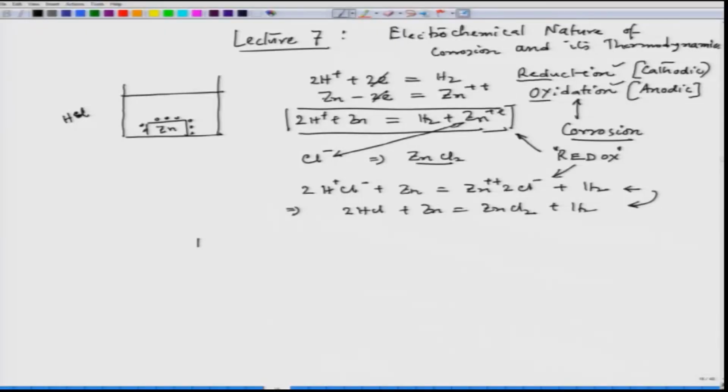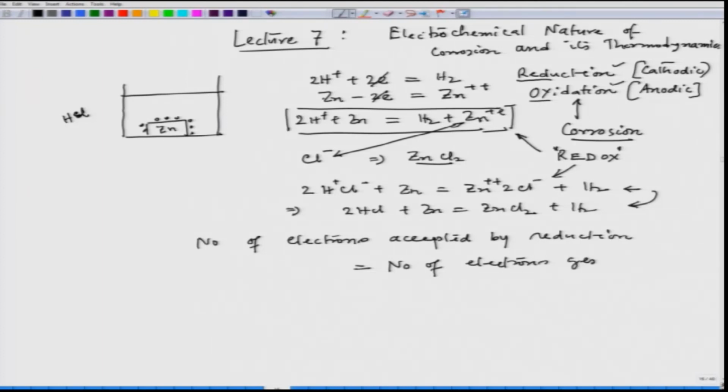And interestingly, in the redox reaction, the number of electrons accepted by reduction is equal to the number of electrons generated or released by the oxidation reaction. This is a very important aspect, and that maintains the charge balance and also the charge conservation.